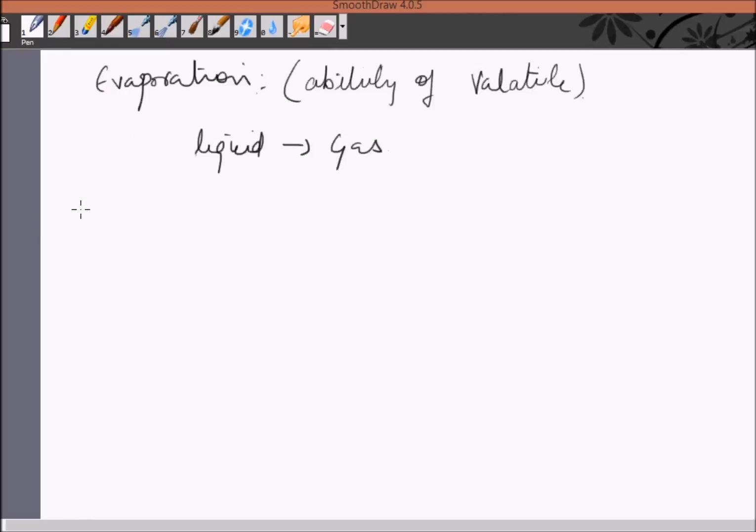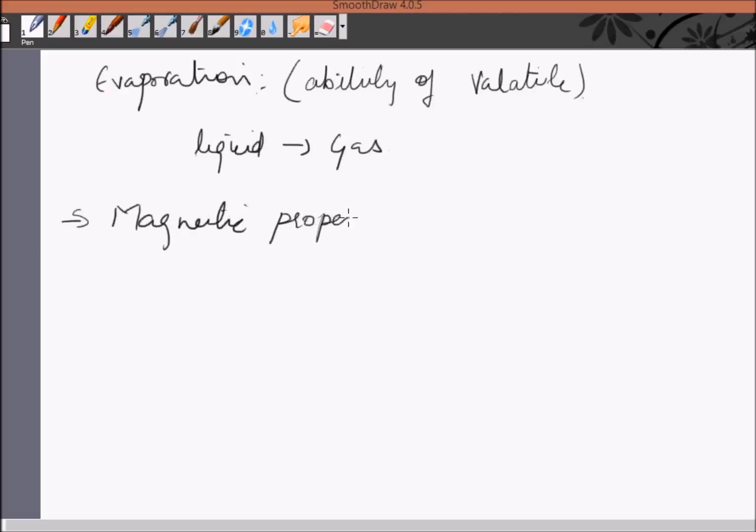So what are the other properties? We also have the magnetic property.